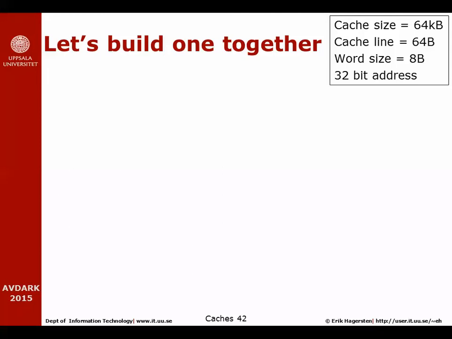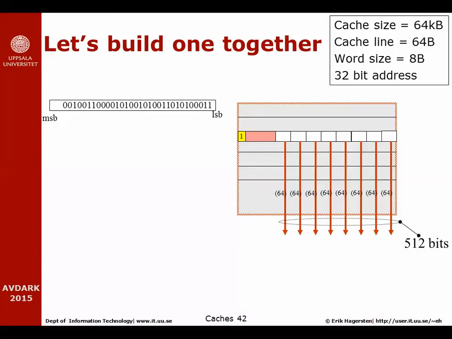So this would be a typical first level cache in an x86-ish kind of architecture that you would see in the typical products today. So here we have the address, it's 32 bits, and here is the data array. So we said that the word size is 8 bytes, and we say the cache line is 64 bytes.